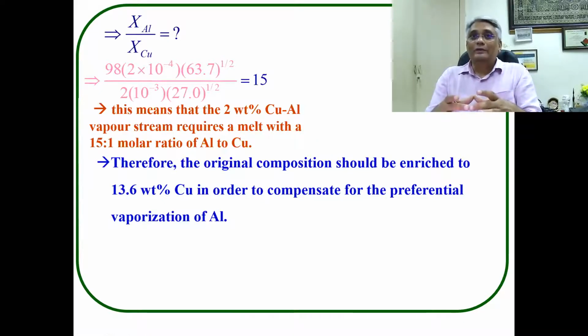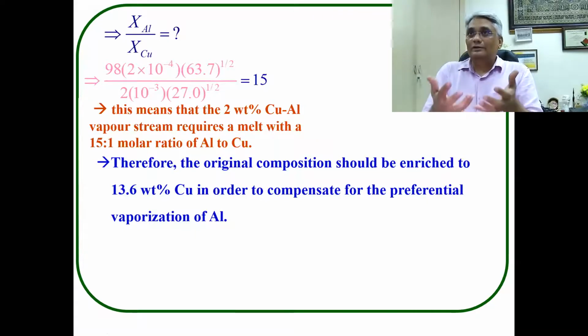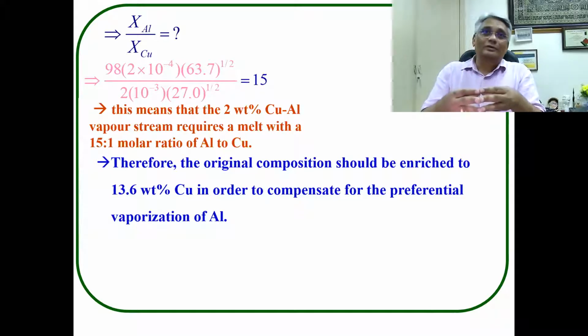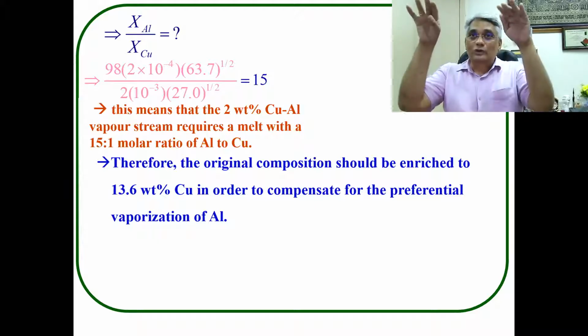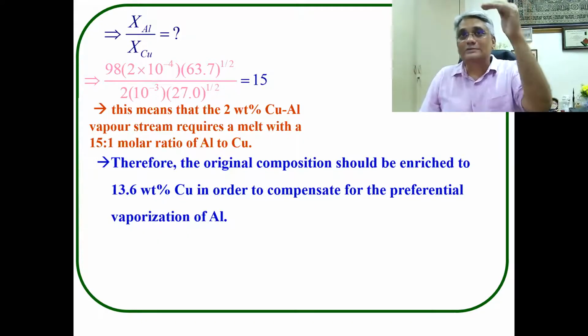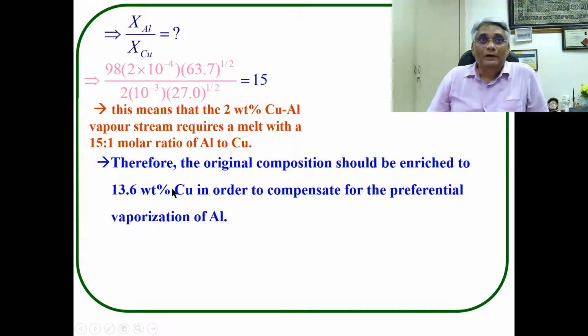Because when in a copper aluminum alloy you start giving thermal energy, it's the aluminum atoms that start coming out of the matrix before the copper atoms come. So in order to compensate for the loss of copper on the other side, you need to enrich the initial composition by this much weight% of copper.